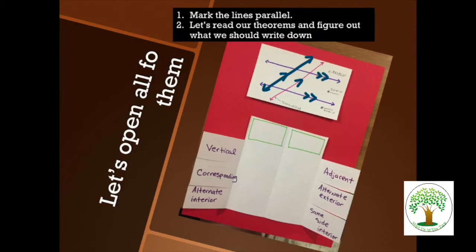Yes, ma'am. Does it matter which way the arrow is going? It does not matter which way the arrow is going. Traditionally, I think I've seen them going that direction, though. But if you wanted to draw them going like that, it would not be a problem. Is that what you're asking? Does it matter what side of the transversal line they're on? Very good question. Also, it does not.